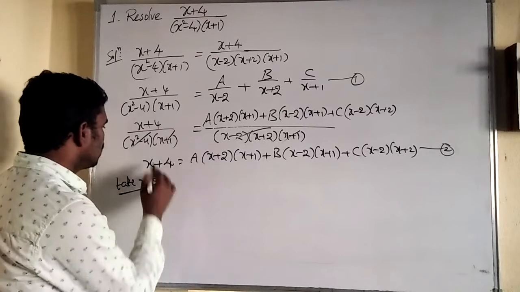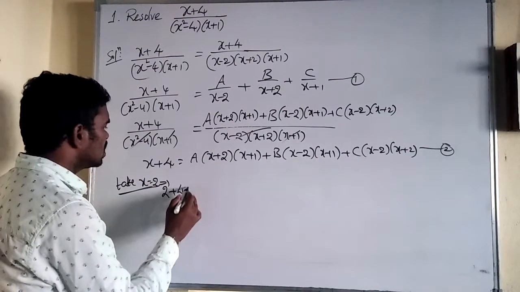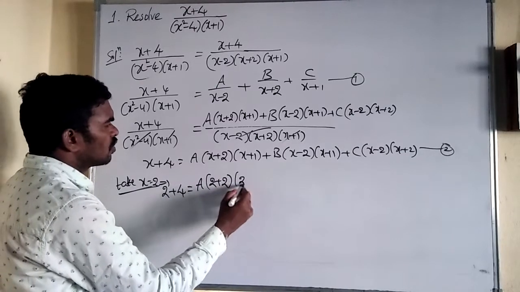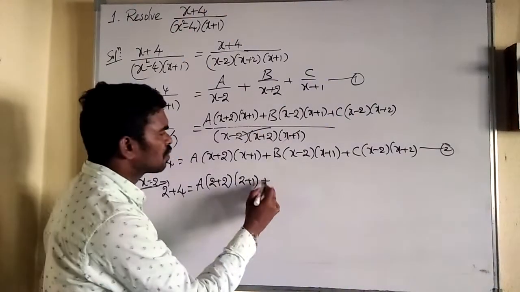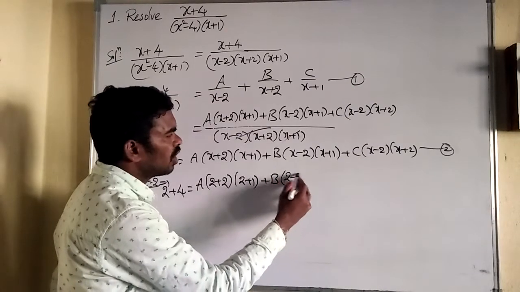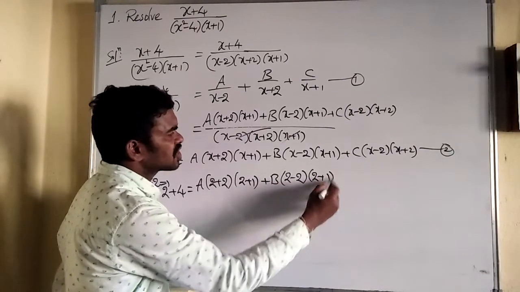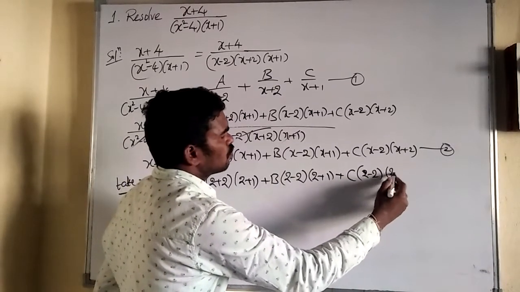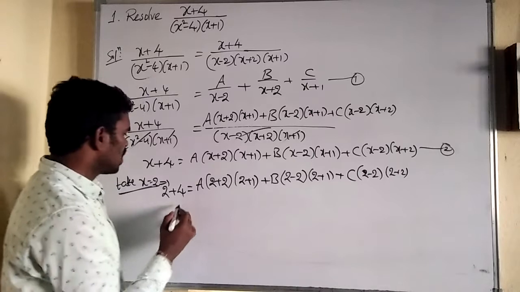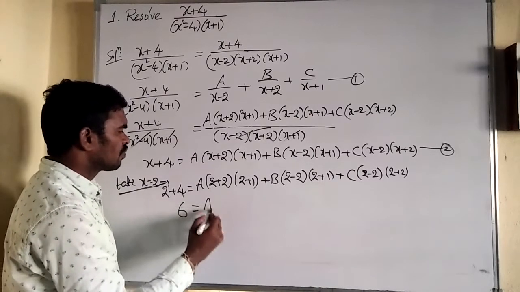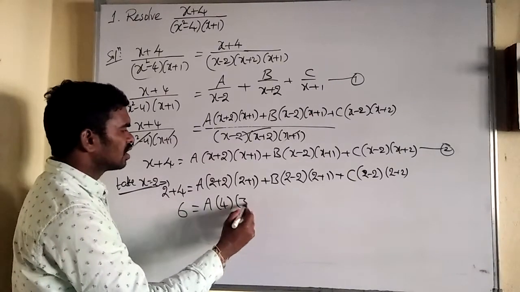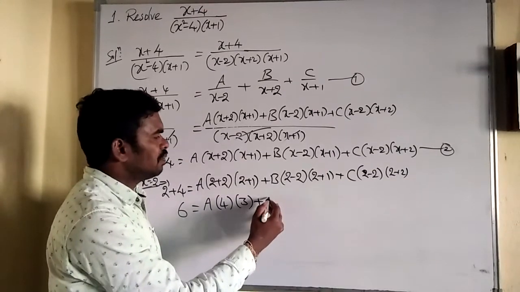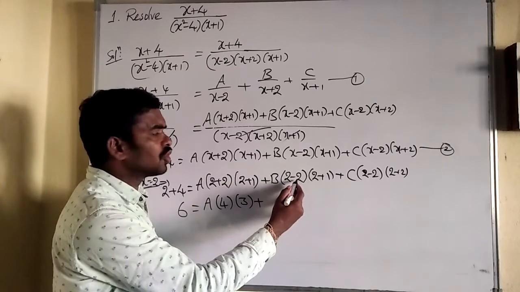So then it becomes what? 2 + 4 = A(2 + 2)(2 + 1). Okay, very simple problems these are, using a small technique. X place just take 2, and C(2 − 2)(2 + 2). See, 2 + 4 is 6 is equal to A times 4 times 3, plus B into, see, 2 − 2, how much? 0.